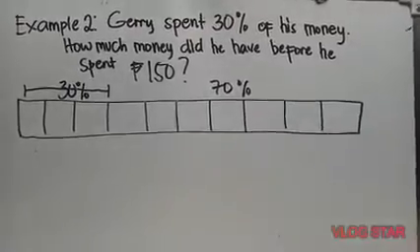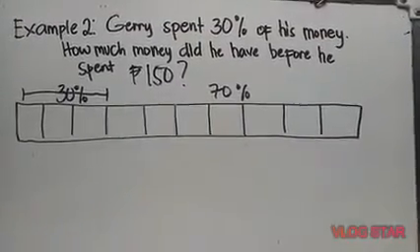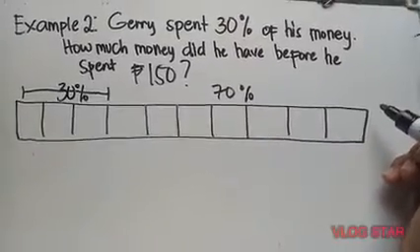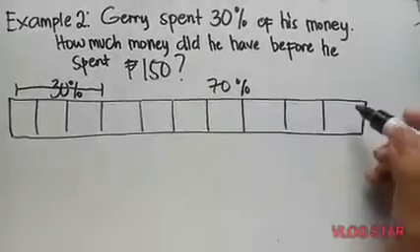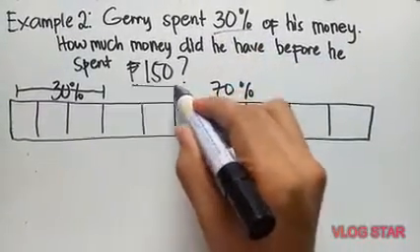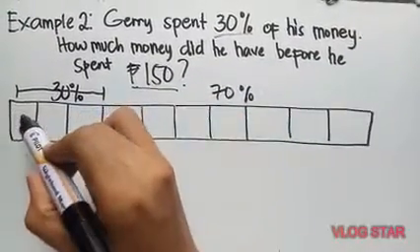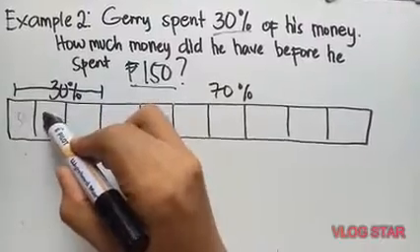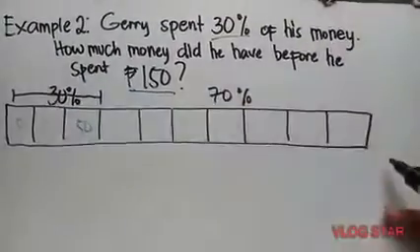Gary spent 150 pesos, which is 30% of his money. How much did he have before he spent it? So let's say 30% of the whole is 150. Meaning 10% is equal to 50 pesos.